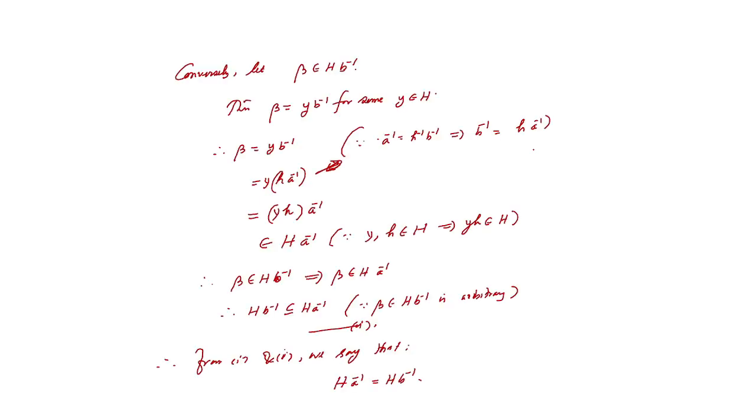So that means our function from L to R, the set of all left cosets to right cosets, is well defined. Now we will prove injective.